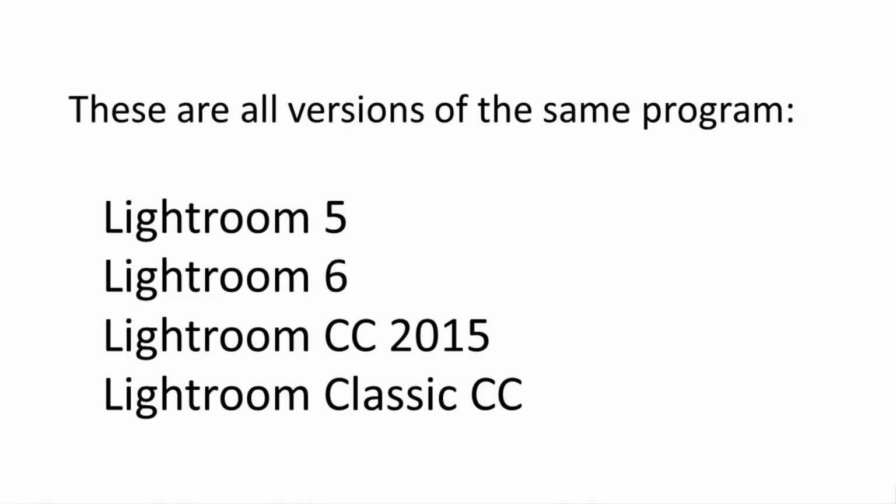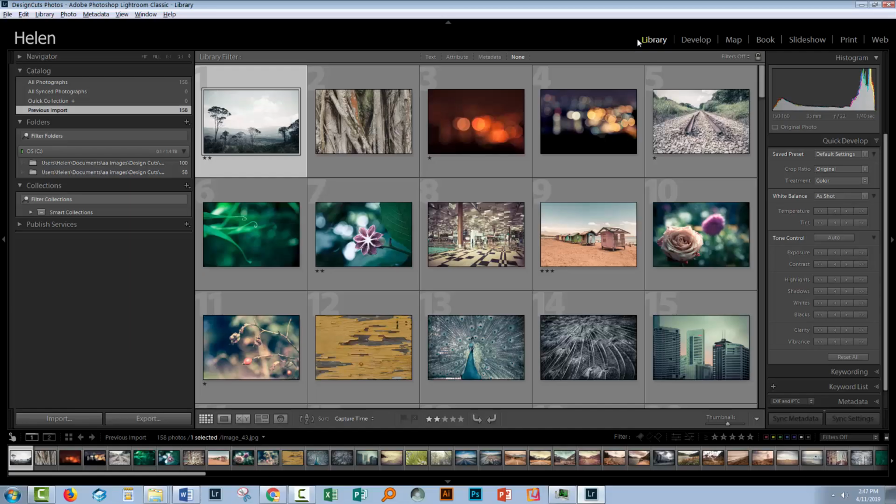So if you're using Lightroom 5, 6, Lightroom CC 2015, or Lightroom Classic CC, then you have one style of Lightroom, and it's readily identifiable by the modules in it. So you'll have a library module, a develop module, map, book, slideshow, print, web, etc. So they're what are now Lightroom Classic CC, and they all work in a similar sort of way.